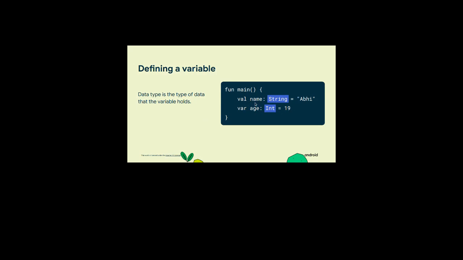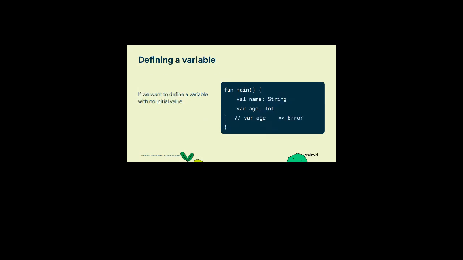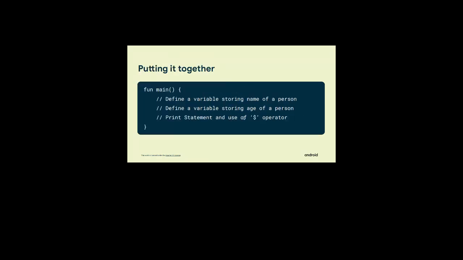The name is a variable of type string, so only strings can be stored in the name. And age is of var type and can store integer values. So okay, I have stored 19. In order to print this variable, you just need to use the dollar symbol operator in the println function.